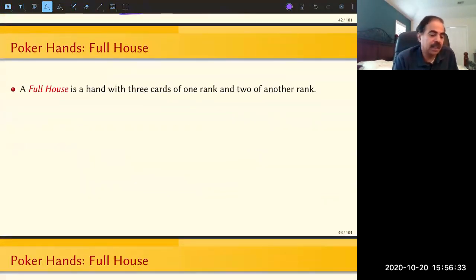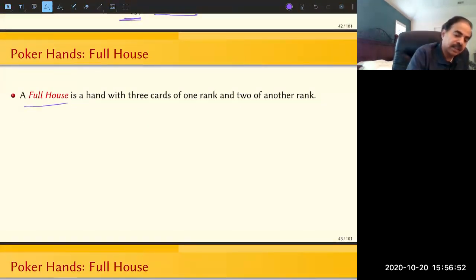So another example based on poker is a full house, which is a hand with 3 cards of one rank and 2 of another rank, right?